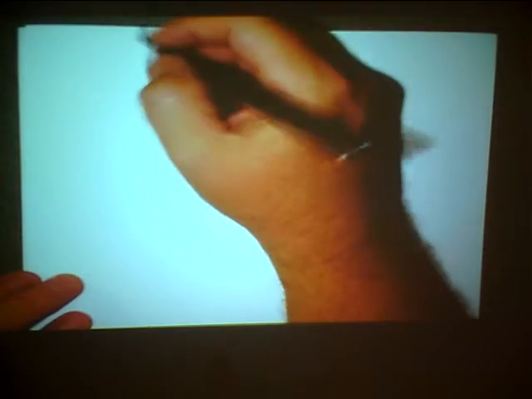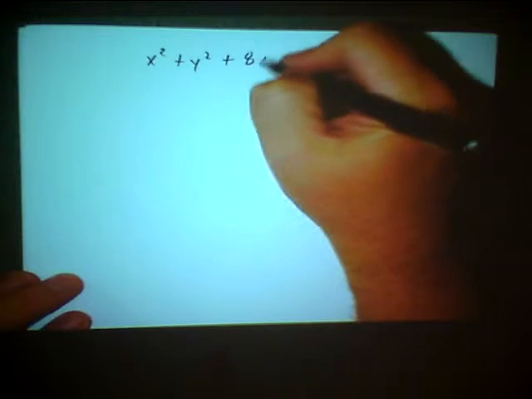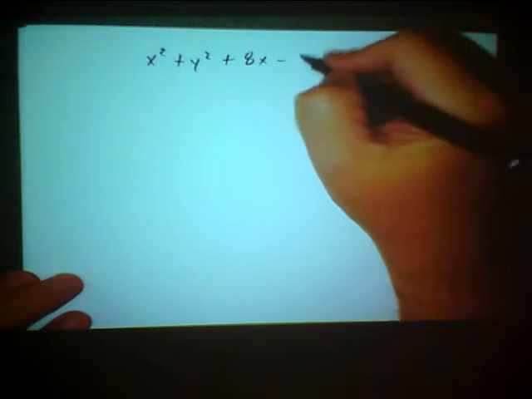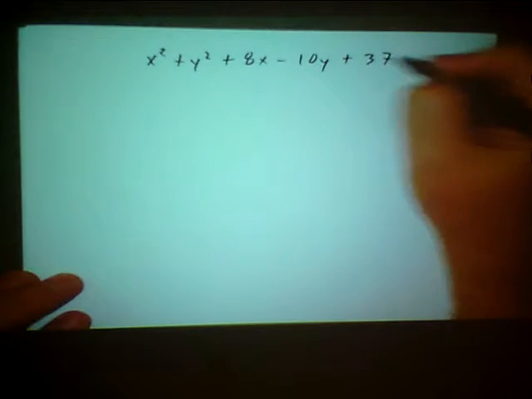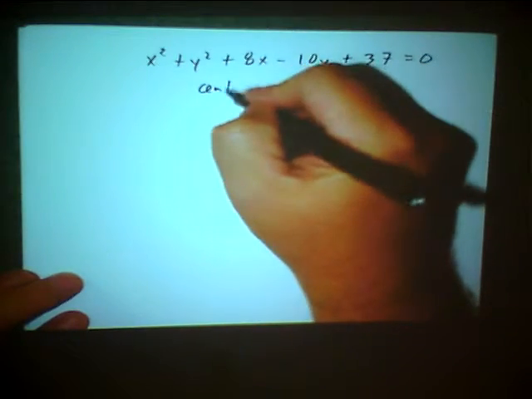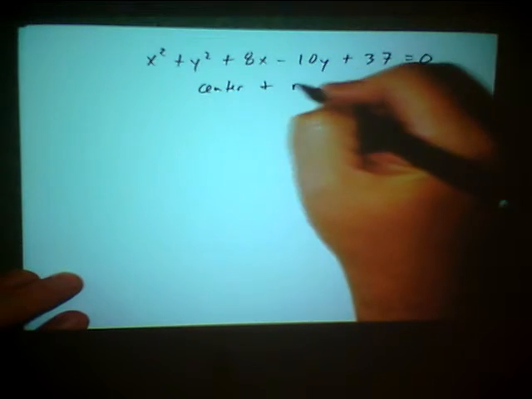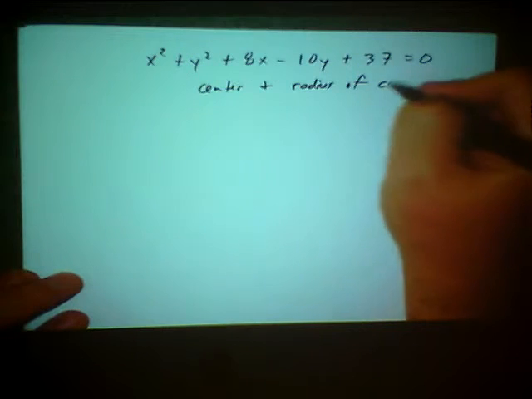This one: x squared plus y squared plus 8x minus 10y plus 37 equals 0. And we're asked to find the center and the radius of that circle.